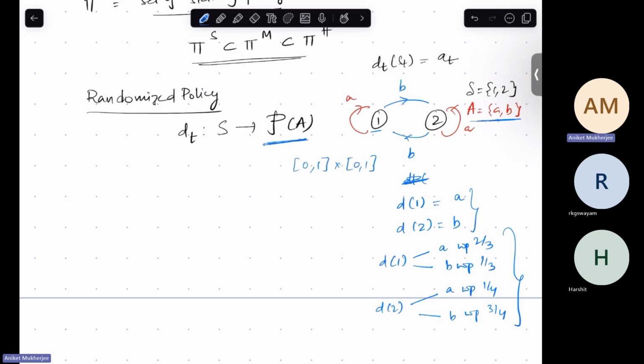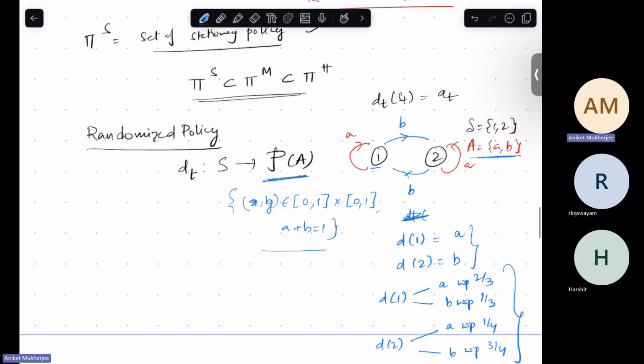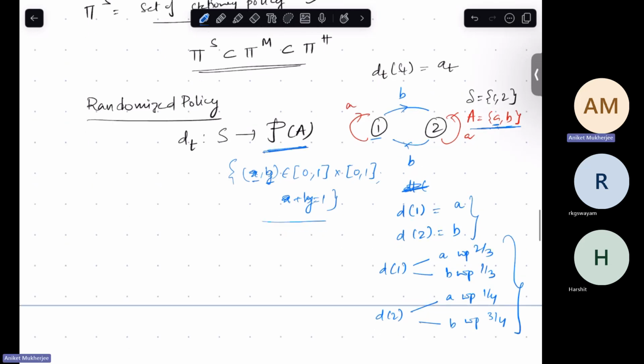You have the extra constraint that the two values belong to this range and sum to 1. I should not have written A here; maybe XY instead, where X denotes the probability you choose A and Y denotes the probability you choose B.